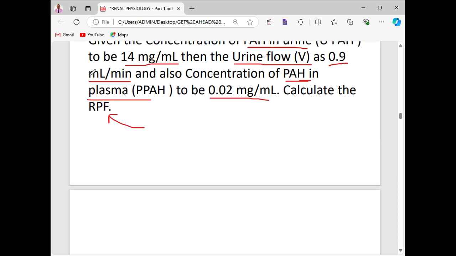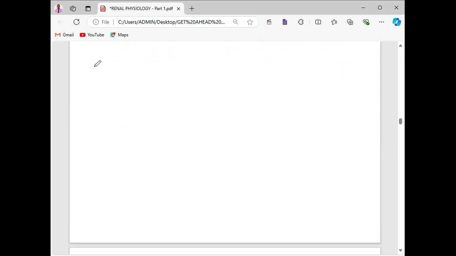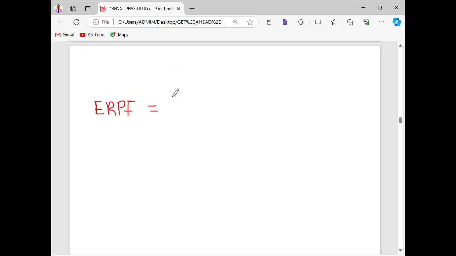So we have effective renal plasma flow, which will be equal to the formula that I showed you earlier on top. So I'll just replace the figures directly.